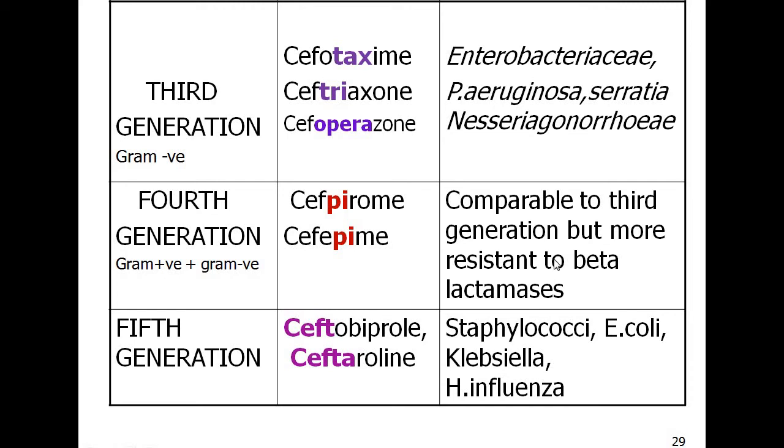In addition, they are also somewhat, not totally, but somewhat resistant to beta-lactamases. Fifth generation cephalosporins, examples ceftobiprole and ceftaroline. These are still in clinical trials, not yet available for use on patients.